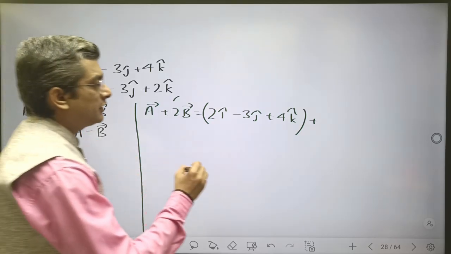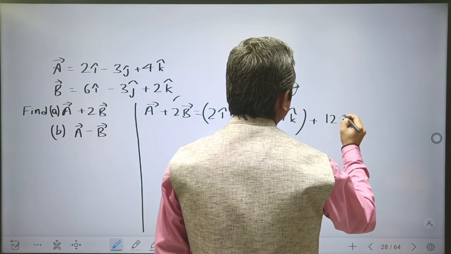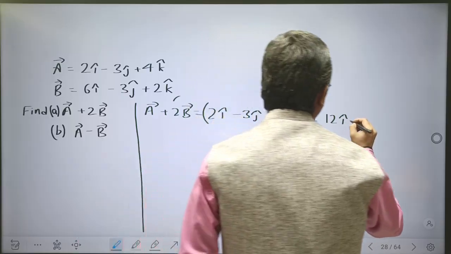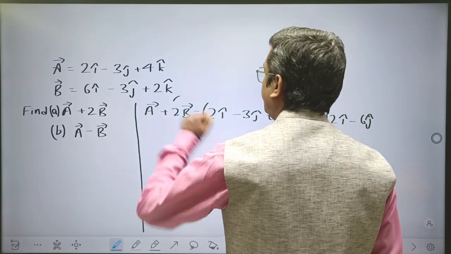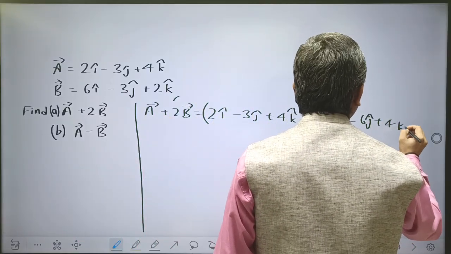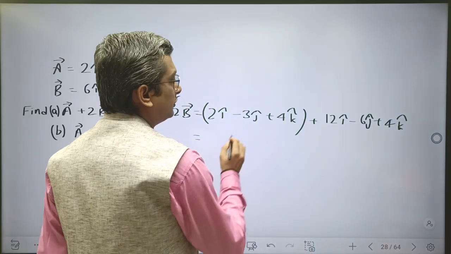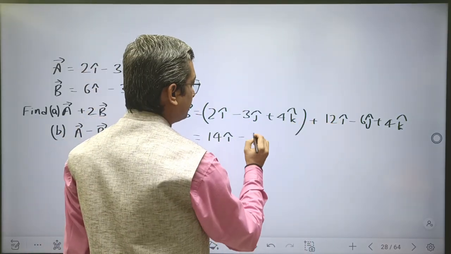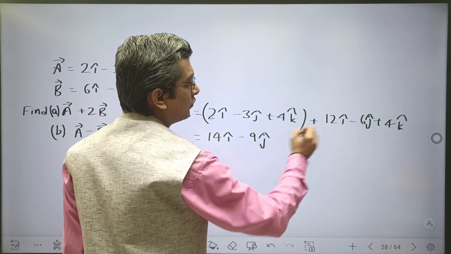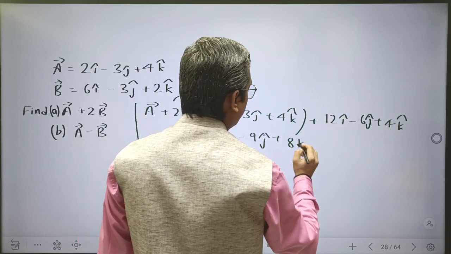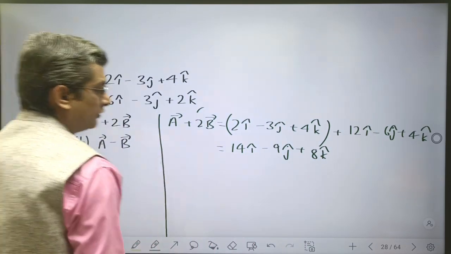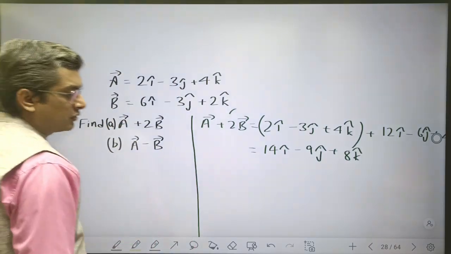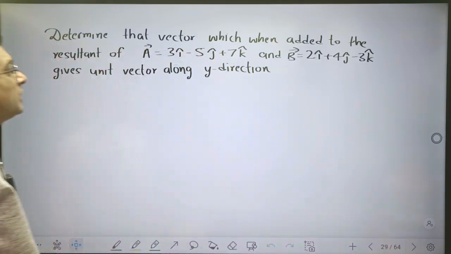So 2 sixes are 12 i cap, minus 6 j cap, plus 4 k cap. Now 2 plus 12 is 14 i cap, minus 3 minus 6 is minus 9 j cap, 4 plus 4 is plus 8 k cap. So that's all for this. Second part, A minus B, you can solve by yourself.